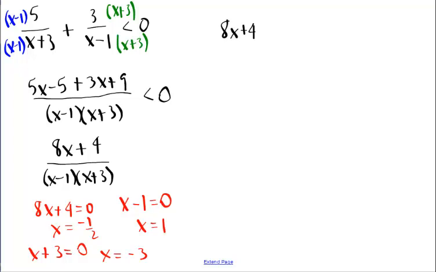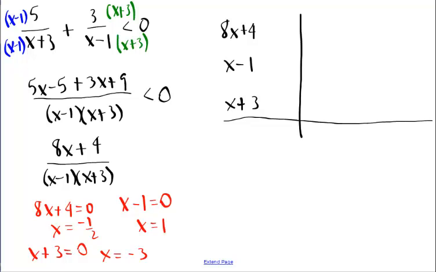So when I make my sign chart, it'll look like this. Negative 3, negative 1/2, and 1. And then you just substitute your numbers in.